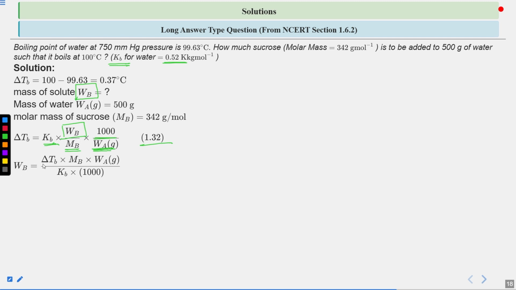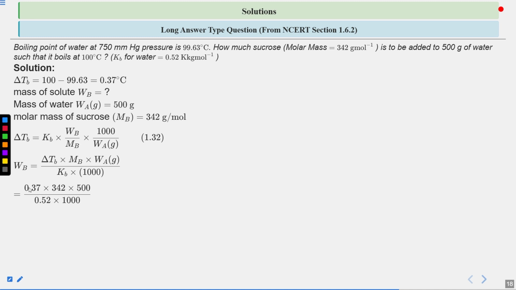Now you simply put the values of delta TB, which is 0.37 degrees Celsius, MB, which is 342 grams per mole, and WA, which is 500 grams. Converting grams to kilograms, we just divide by 1000, and the KB value is also given in the question. You just have to put the values.